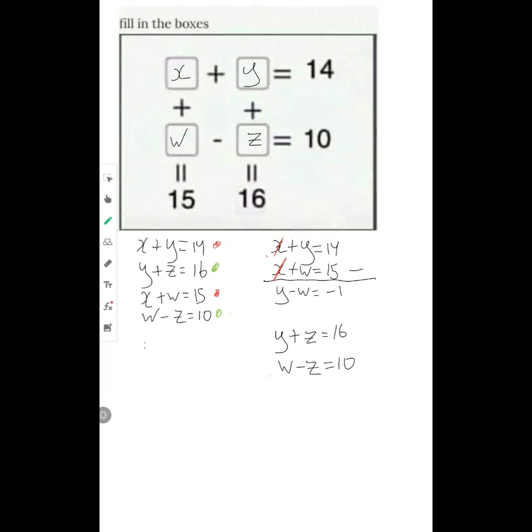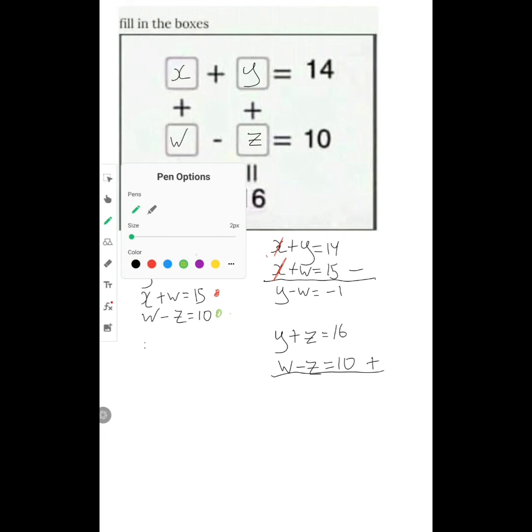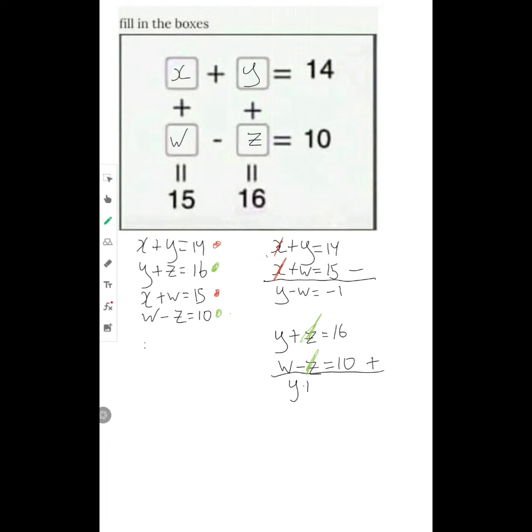And why did I use them? Because both of them have the letter z. I'm gonna add them up, because positive 1z and negative 1z add up to 0. So they cancel each other out, and you're left with y plus w is equal to 26.